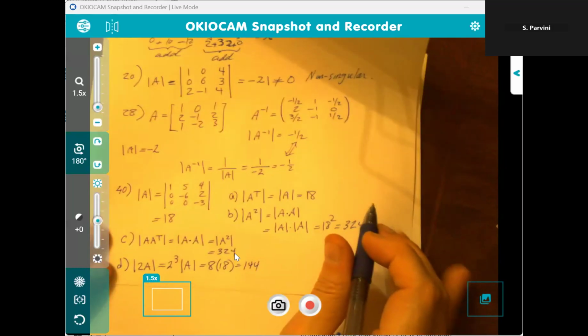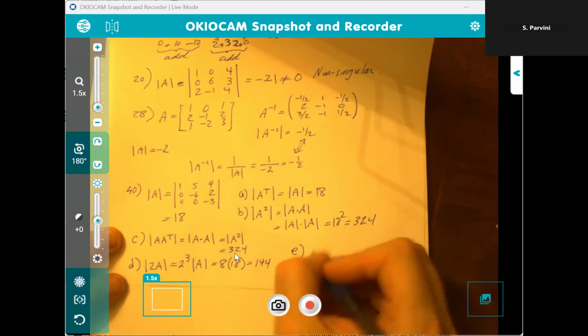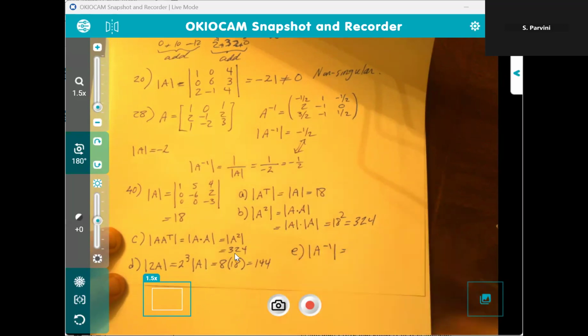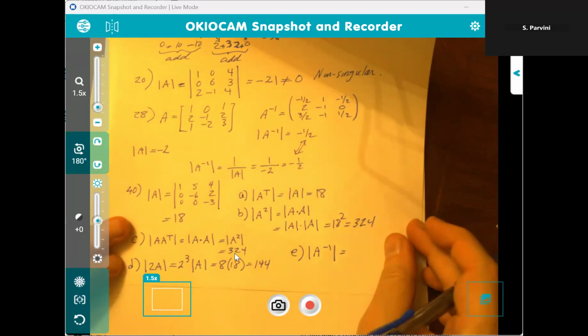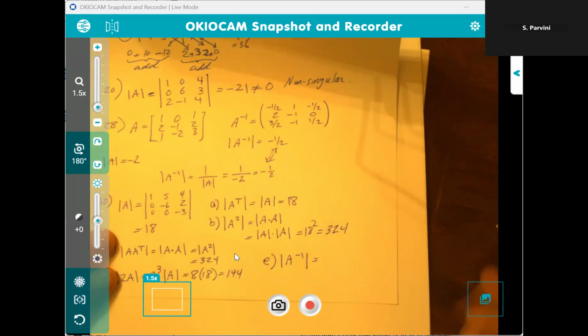And finally, the last part, in part E, we have the determinant of A inverse. Could I do that without finding the inverse matrix?